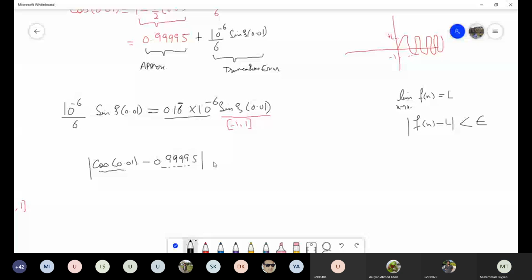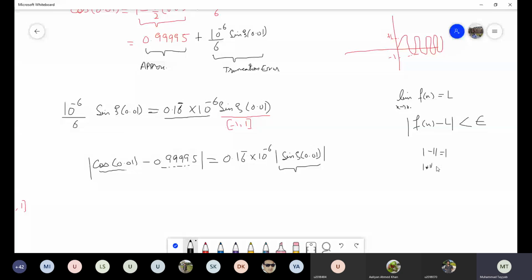0.16 repeating times 10 raised to power minus 6 and the mod of sine of xi 0.01. Further simplifying, this can only play between plus 1 and minus 1. Whenever you take the magnitude it will always be positive: the magnitude of minus 1 is plus 1, and the magnitude of plus 1 is plus 1.